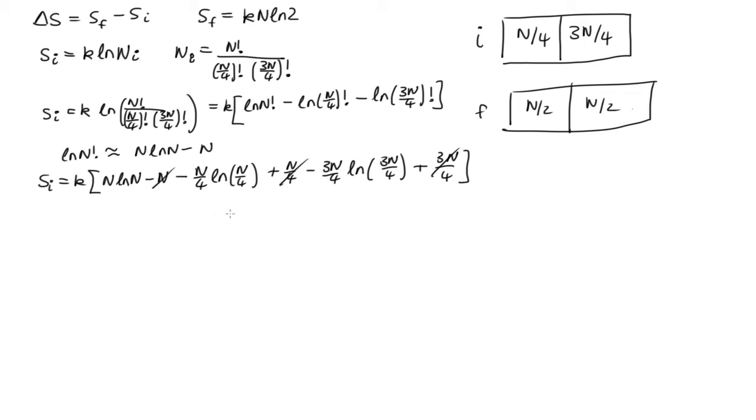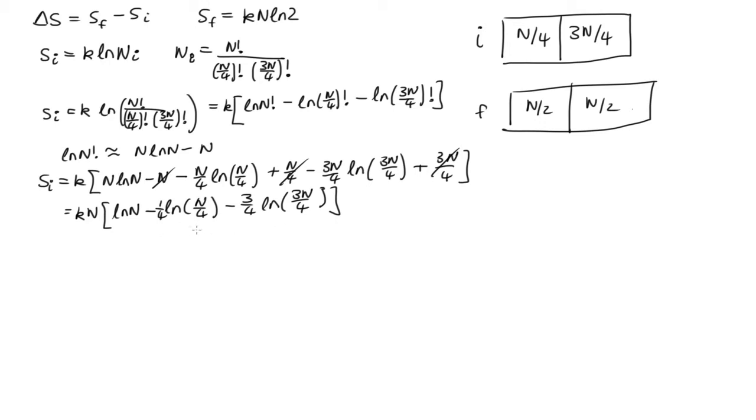So those ones cancel, and let's also pull this n out the front just to keep everything as simple as possible. So we've got kn times log n minus 1/4 log of n/4 minus 3/4 log of 3n/4.